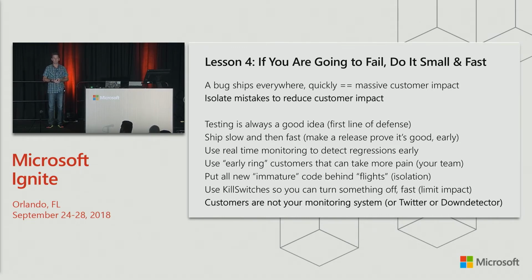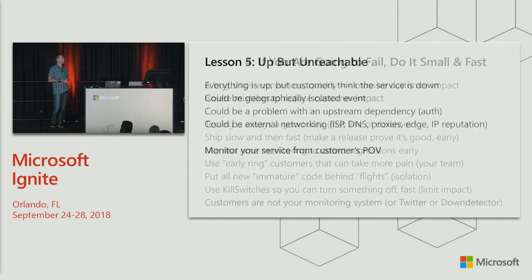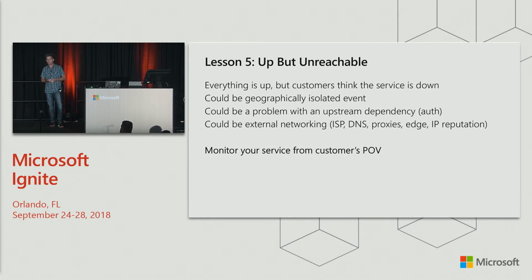There's another type of event that we've had, where we do all this internal monitoring on our service and we think we're great and everything's up and healthy, but customers can't reach us from a certain place. Customers are at the end of the networking stack, so there are lots of things between them and the services you're running, and all sorts of things can go down.